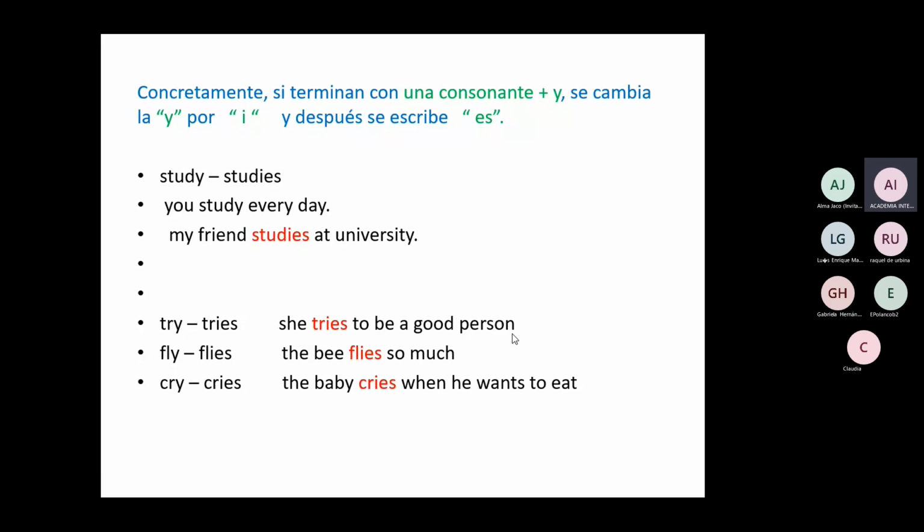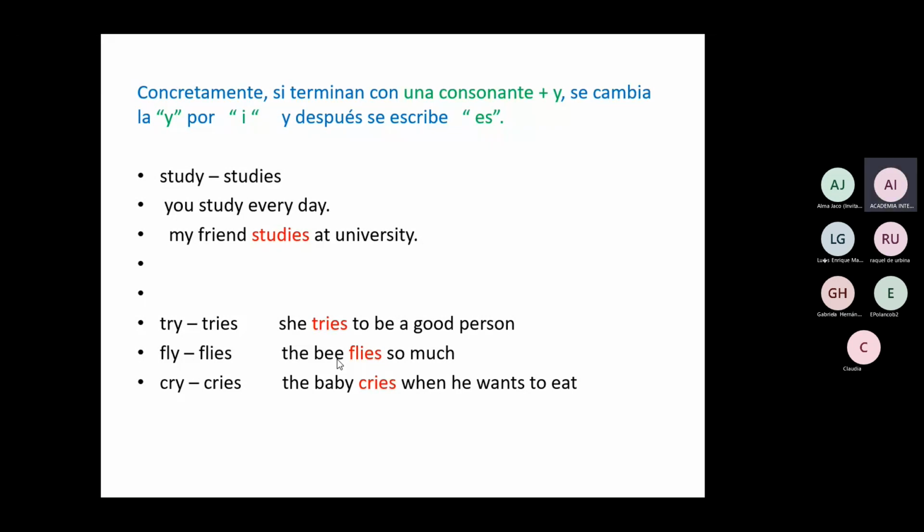That's correct. Okay. The second one is fly. Fly is volar. But in this sentence, the bee flies so much. Bee es abeja. De esa forma se dice bee. The bee flies so much. Cry.